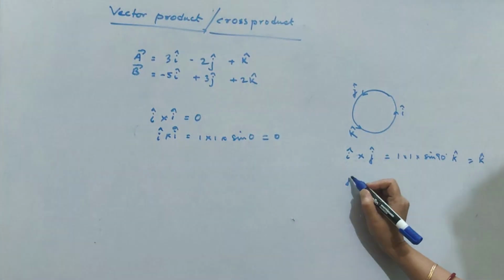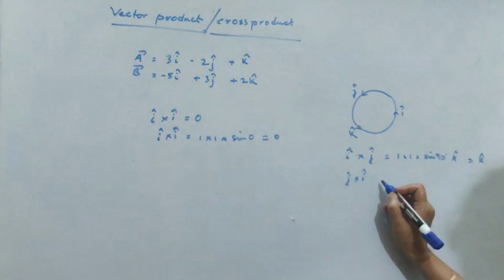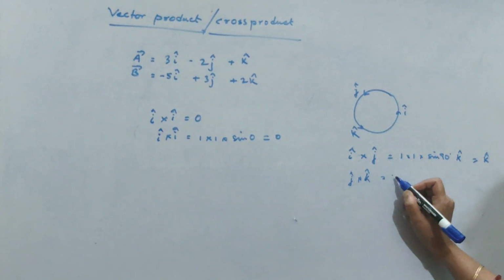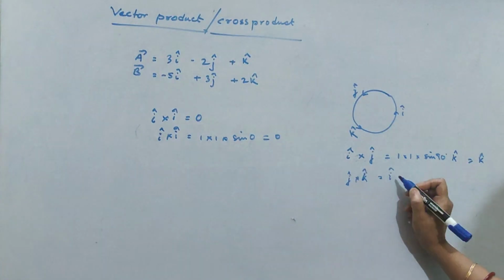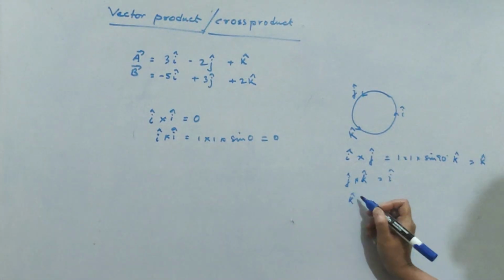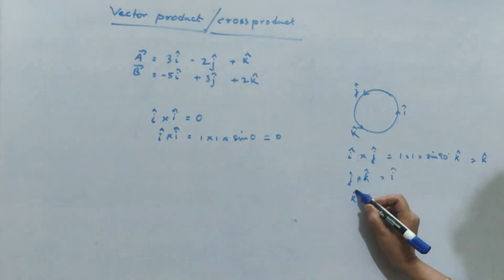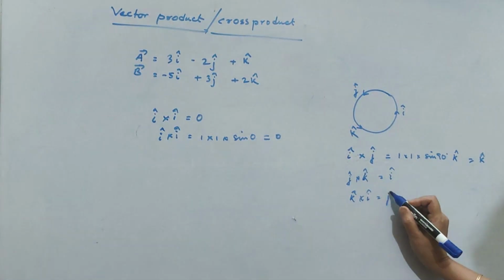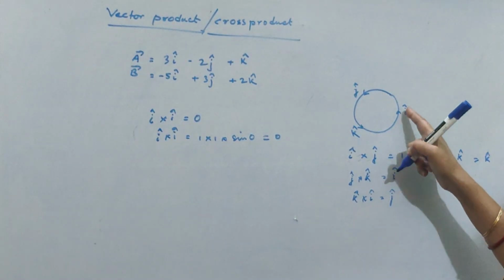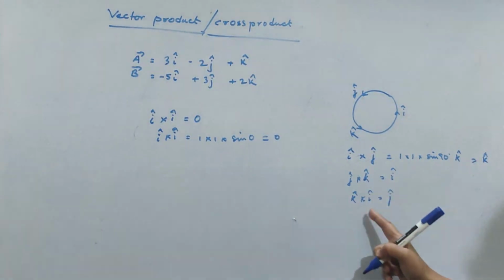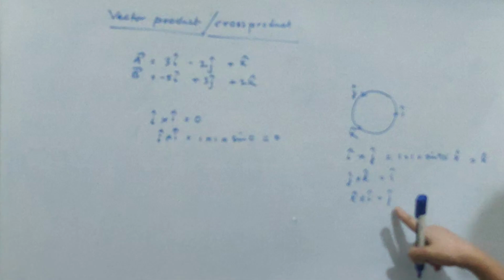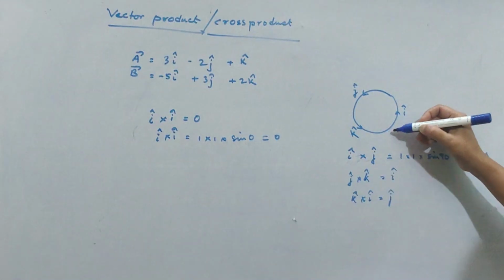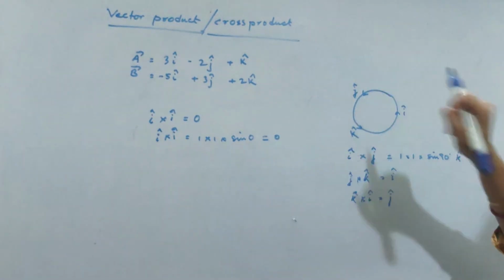But what if I want to find i cross k? i cross k will be the reverse of this, so it will be minus j. From this circle also you can find i cross k: you are going against the arrows, so you get a negative answer.